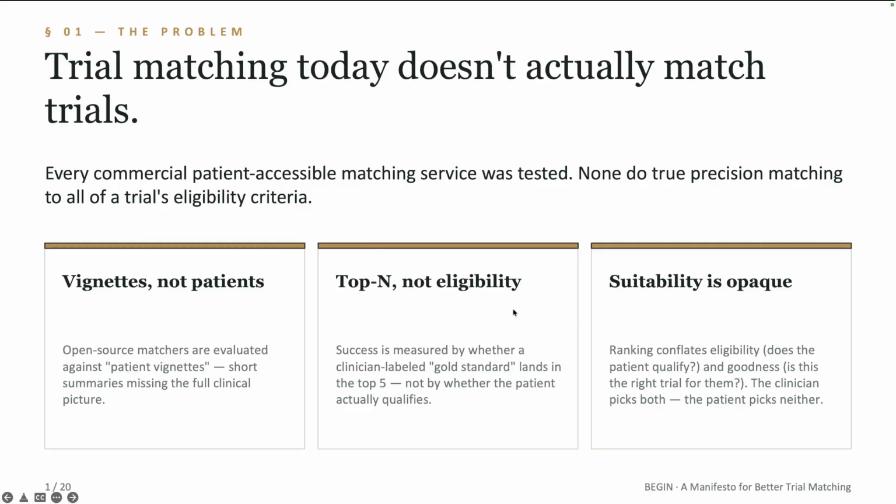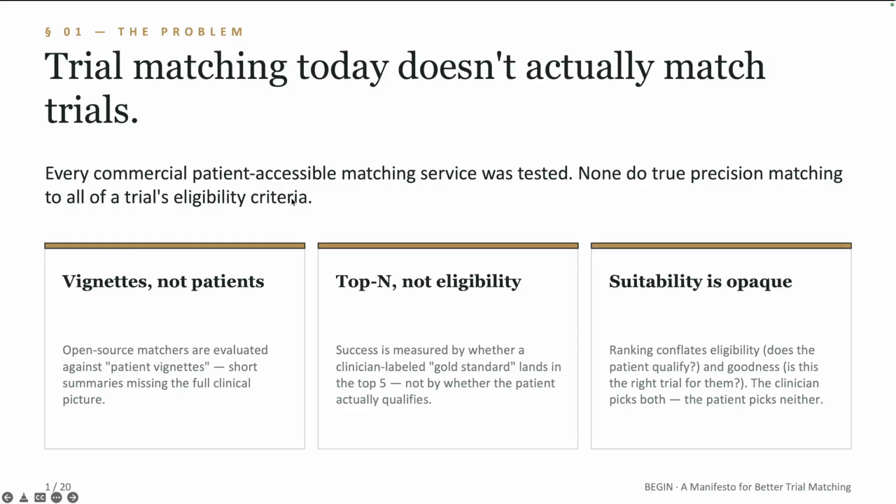And the suitability is opaque. Ranking conflates eligibility with goodness. Is the trial right for them? The clinician, of course, tries to use it, but the patient is not involved in the process of determining whether it's good for them.